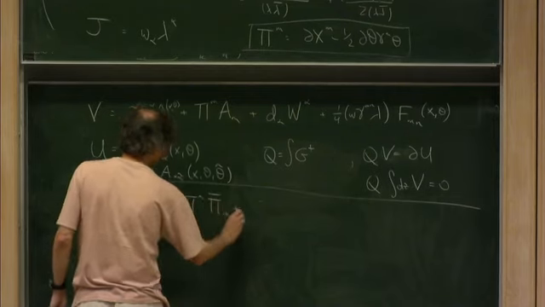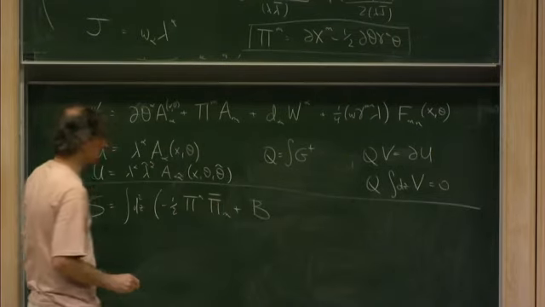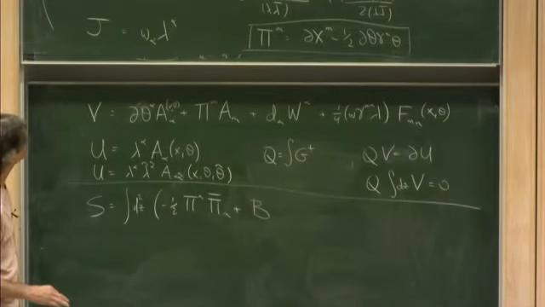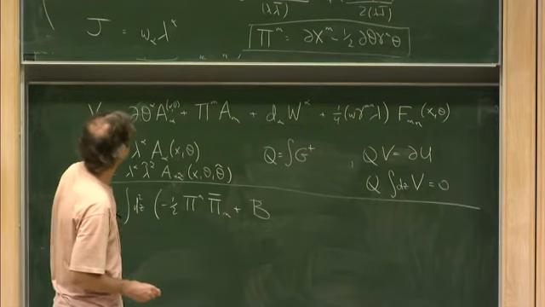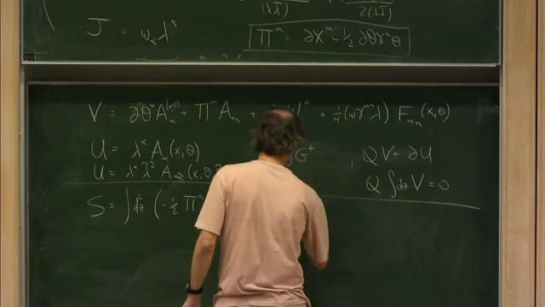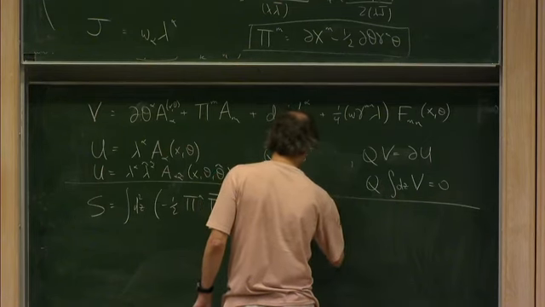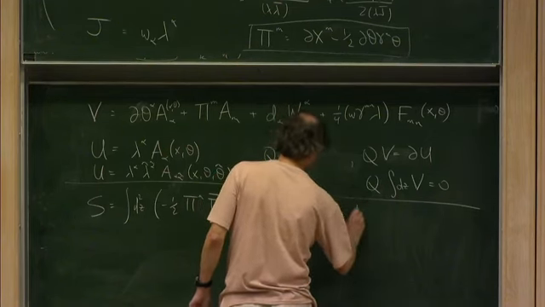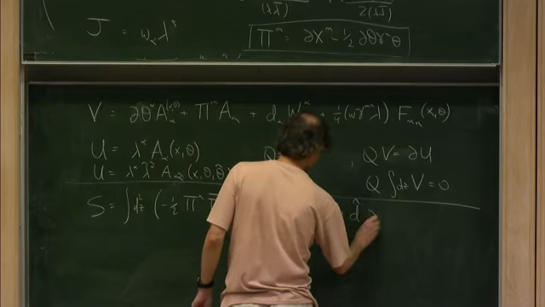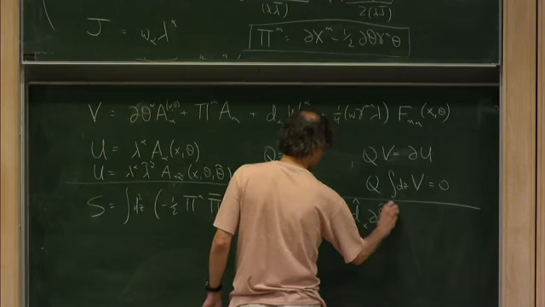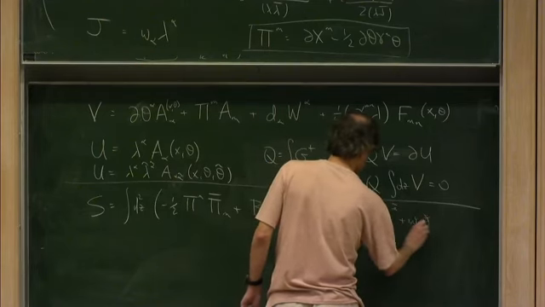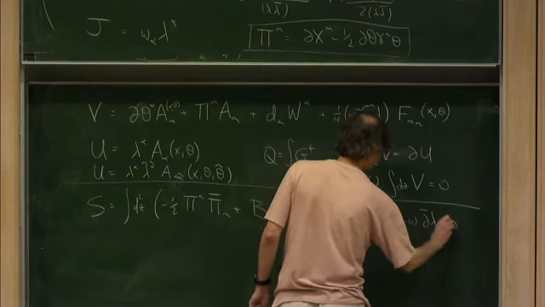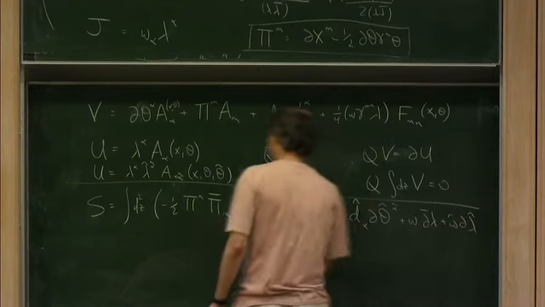But then there's another term, which is the B field, the same B that appears in Green-Schwarz. I'm not going to write it explicitly, but it's antisymmetric in Z and Z bar. And if you add these two terms, you can convert all the P's into D's. So now it's manifestly supersymmetric. Okay, that will be useful later.